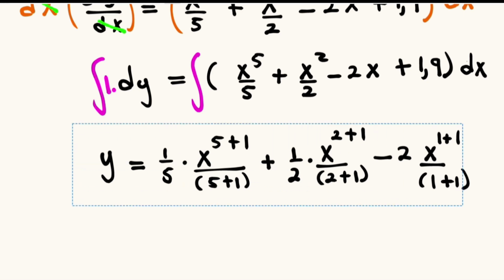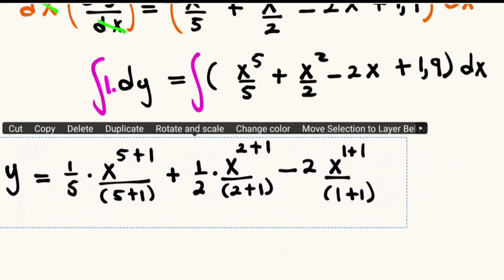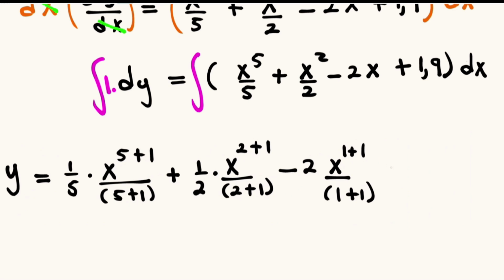Let's create some space. The integral of the positive 1.9 will be equal to 1.9x plus our constant c1.